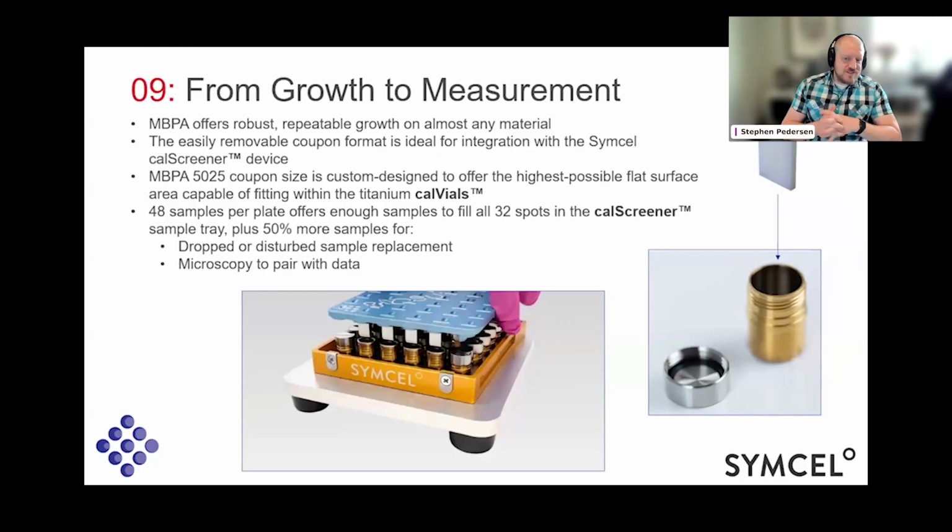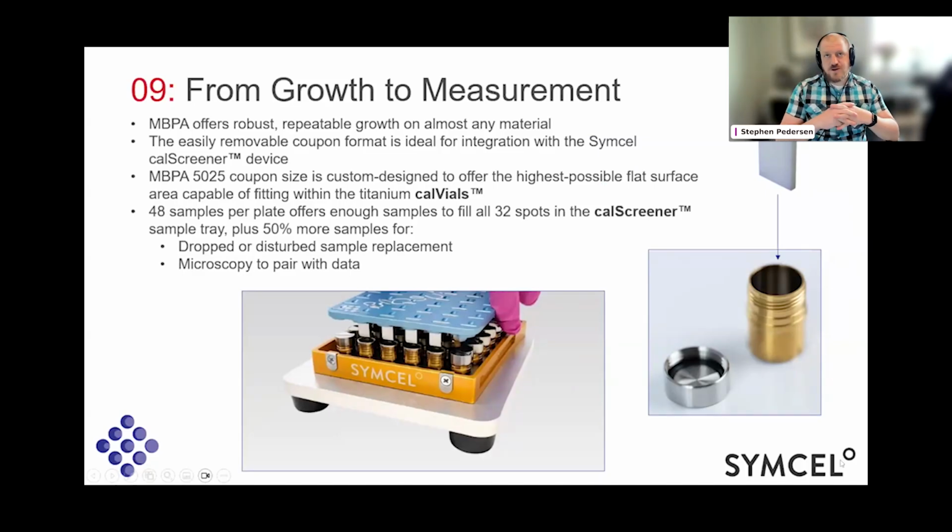Getting ready to hand off to Fauve here at the end. Just a quick recap: the MBPA that we make offers robust, repeatable growth on almost any material. The coupon format is very easy to remove, and we have designed it to perfectly fit this titanium vial from Symcel's calScreener.